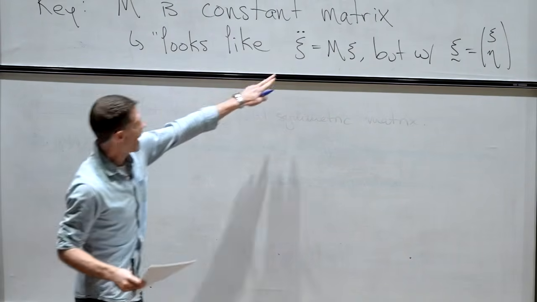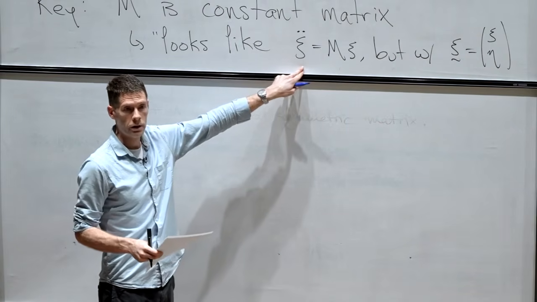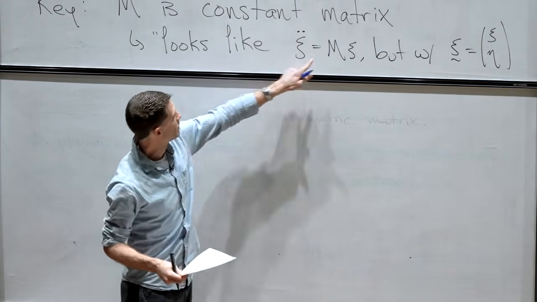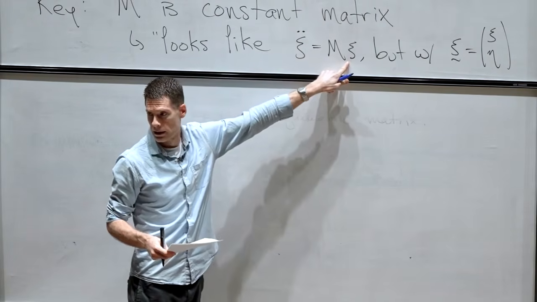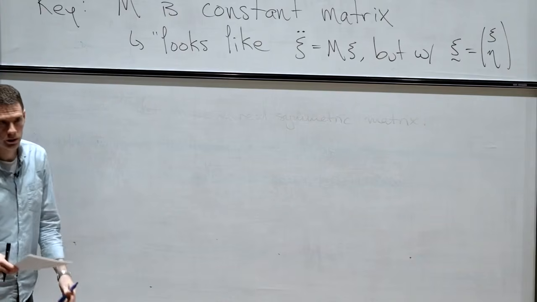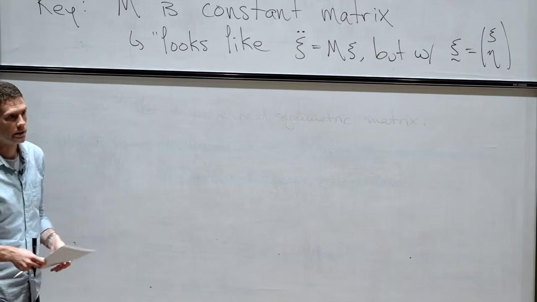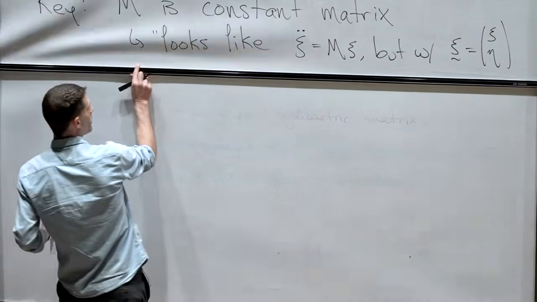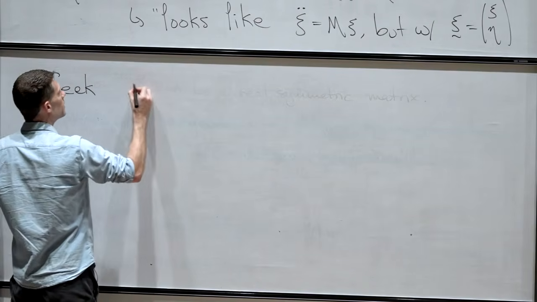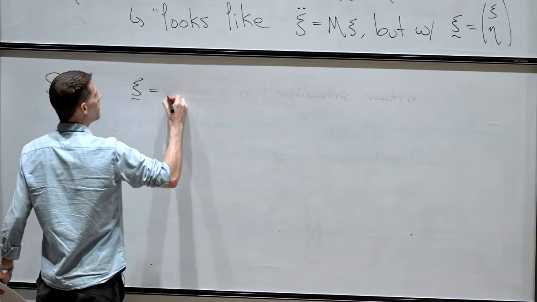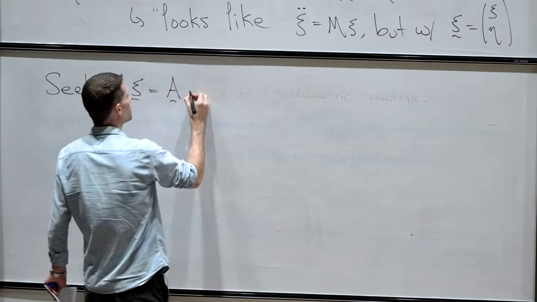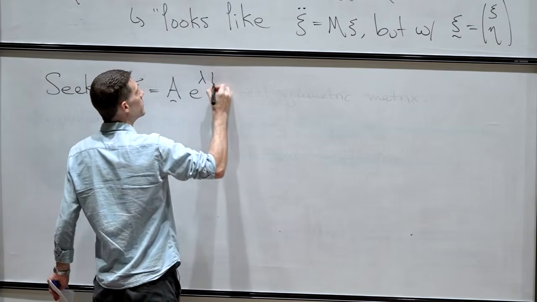So we know how to solve that, and if you think how you first learned how to solve that in A levels, say, we say, okay, well, the second derivative needs to give me back something close to the thing I started with, so let me look for an exponential solution, and then we look at these different cases. Right? So exact same thing works here. So what we can do is we can seek a solution where psi is some vector, call it A, times an exponential e to the lambda t.